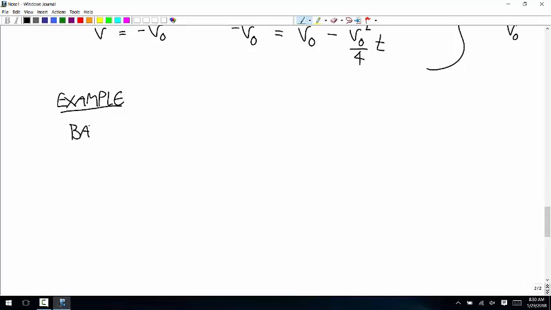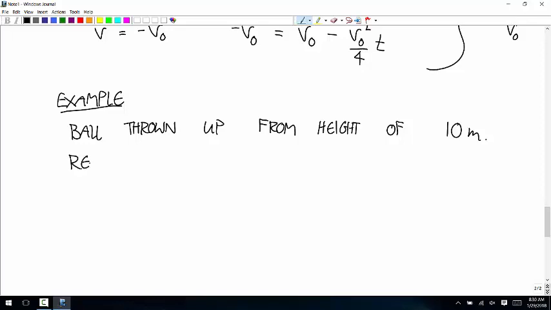Okay, so a ball is thrown up into the air, not just thrown up, from a height of 10 meters. It reaches a height of 15 meters.